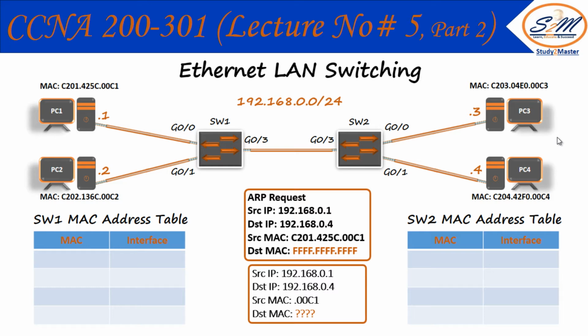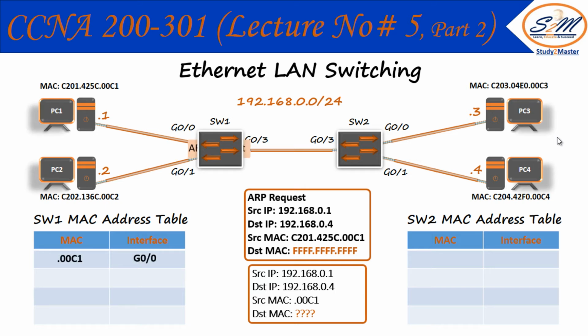Now the ARP sequence, source IP. PC1 now tries to send an ARP to the switch. Switch 1 receives the ARP on gig 0/0. The switch processes it and floods this frame out of all interfaces except the interface it was received on. So the ARP request has been sent to switch 1.